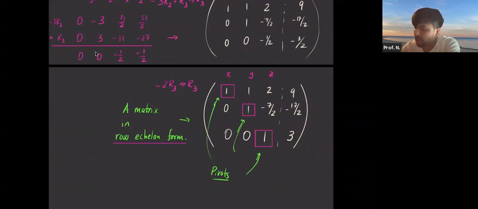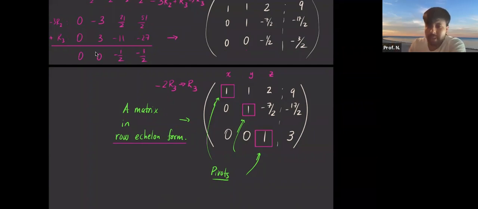The first column has a pivot, which is the 1 in this first entry. The second column has a 1 in the second entry. That's a pivot. And this is also a pivot. So row reduced echelon form has 1s in its pivots.